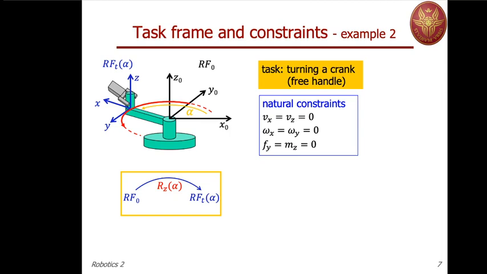So this completes the set of 6 natural constraints, 4 on motion and 2 describing the direction where the environment cannot generate reaction forces or moments.